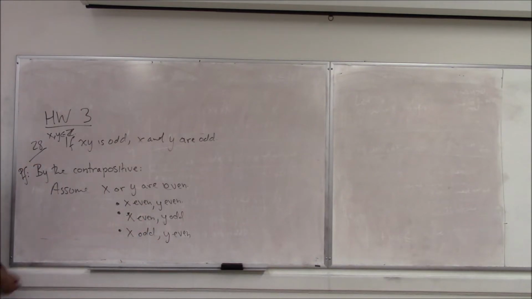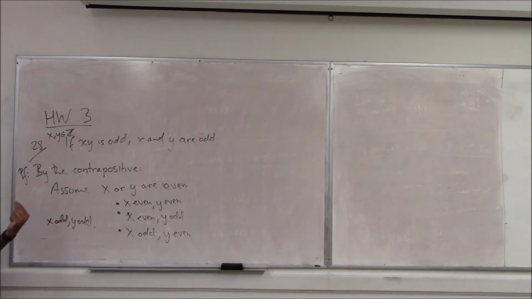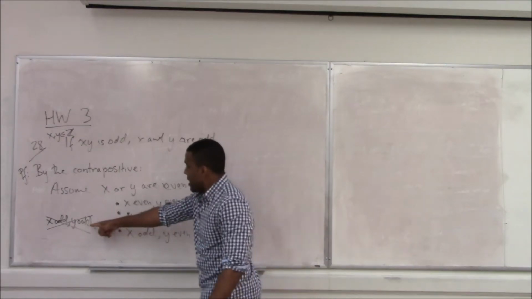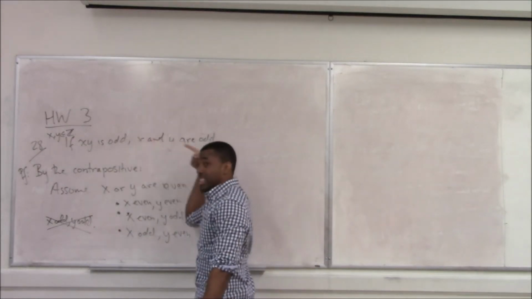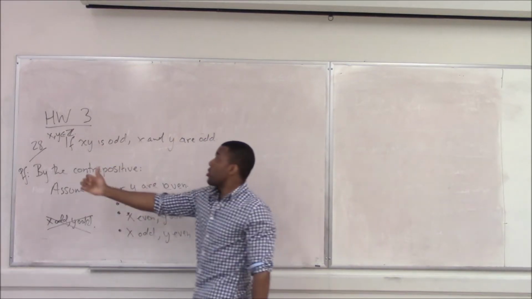So the moment you start with x odd, y odd as one of your assumptions, you're confused. You're going in backwards. This is not a starting point. If you start here and end up with xy is odd, you're going that way. You want to go this way.